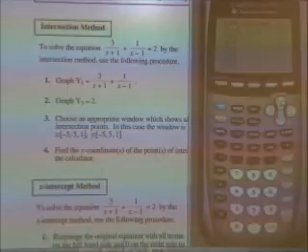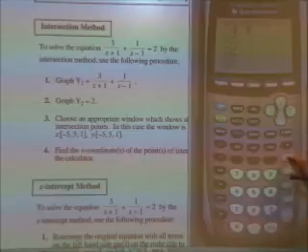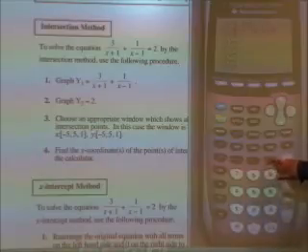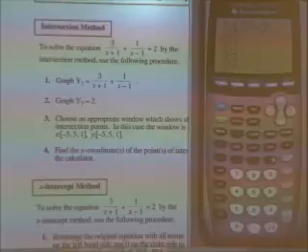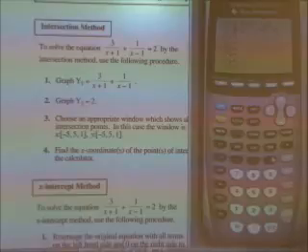So what I need to do is open up a set of brackets first. 3 divided by, and then I open up another set of brackets, and then I can put in my x plus 1, and then I close the set twice. So that makes the 3 over x plus 1 one whole unit, but separates the x plus 1 as being the denominator. So that's the reason for the second set of brackets.